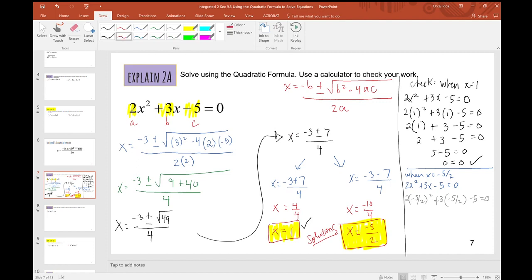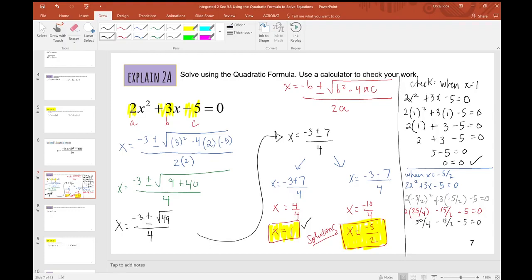Negative 5 halves squared is 25 over 4. And 3 times negative 5 halves is negative 15 halves. Minus 5 equals 0. 2 times 25 fourths, that is 50 over 4. Minus 15 halves minus 5 equals 0.